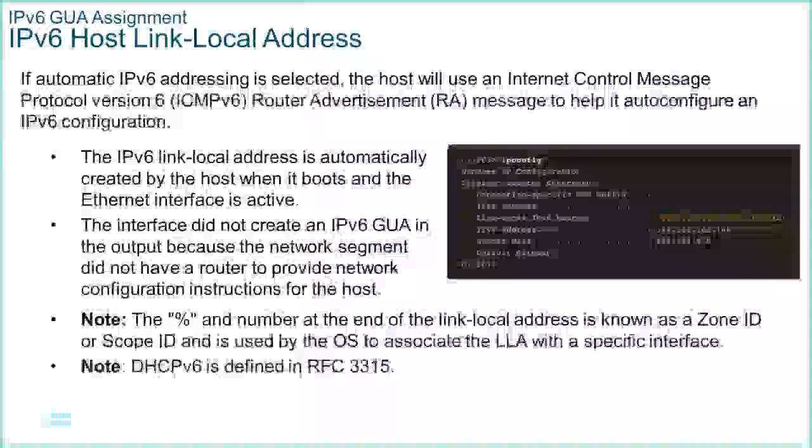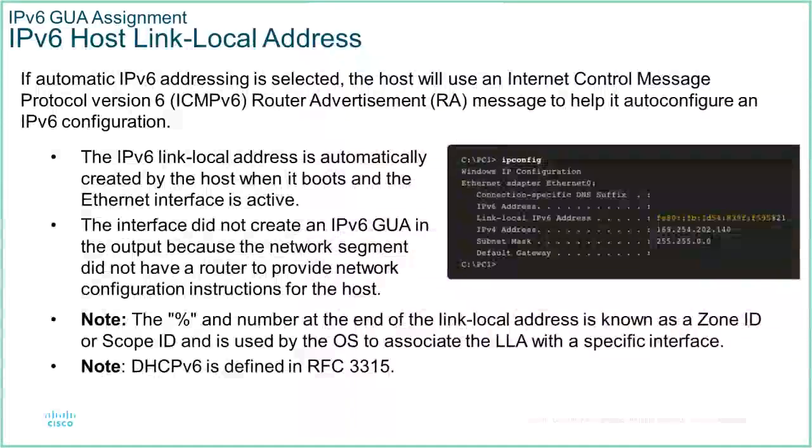So just to remember that IPv6 has a link local address as well as a global unique address. The link local address is automatically generated whenever the host boots up and has an active interface.